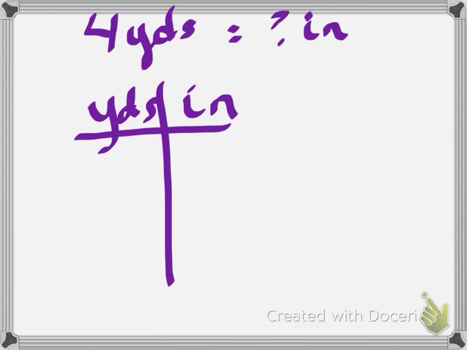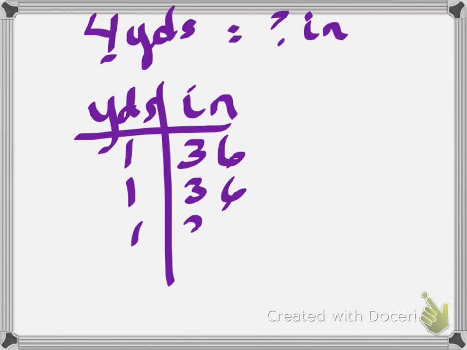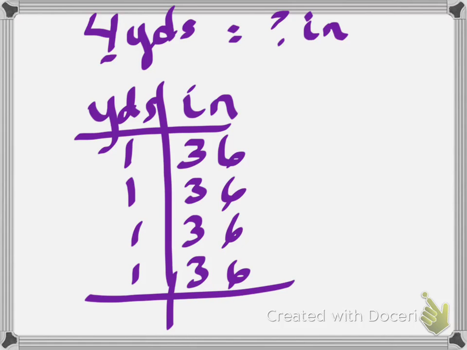You need to know that 1 yard is 3 feet, and 3 feet is 12 plus 12 plus 12, which is 36 inches. So 1 yard equals 36 inches. Now I need to do 4 yards. There's another one, 36, another yard, 36, and another yard, 36. Then we add it up.